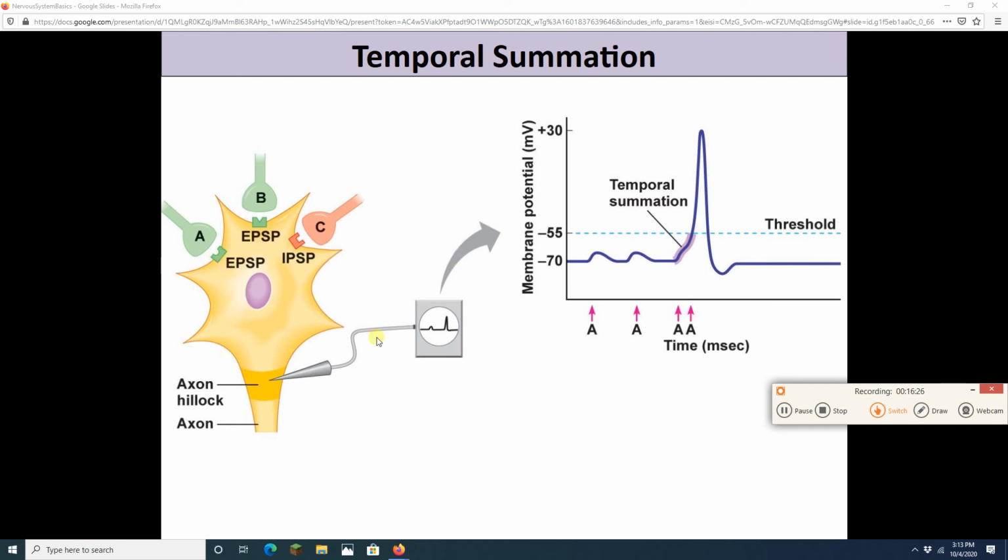If we look at our graph here, remember we're graphing the membrane potential at the axon hillock, the first graded potential arrives, and we depolarize some. And right before we start to go down, like we did in those previous occasions, the second graded potential arrives, and we go up, and we achieve threshold.